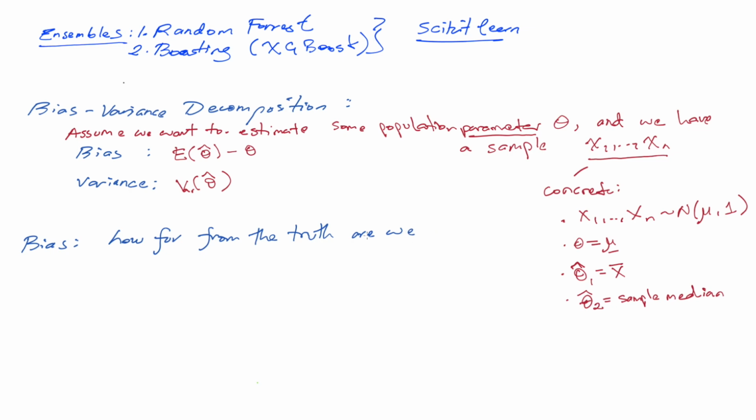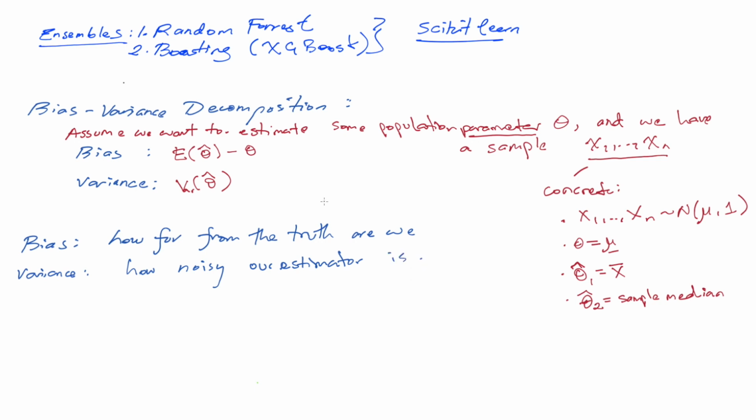This is a hand-wavy definition, but it's looking at the expected value of the estimator, and the distance from the truth. The expectation minus the truth. So this quantity tells us how far we are from the truth, and the variance tells us how noisy our estimator is.